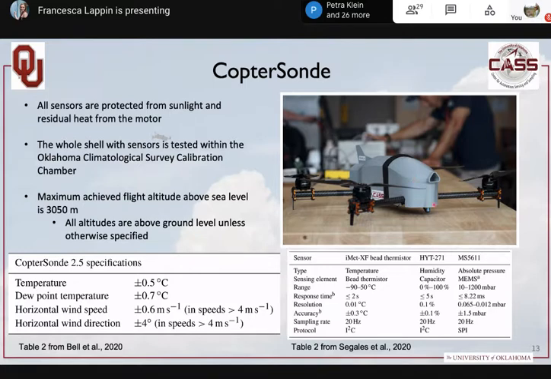The scoop and all the sensors, before they even go into the field, are tested in the OCS calibration chamber, and we can see how the accuracies of the CopterSonde measure against radiosondes in the Flux-Capacitor campaign.